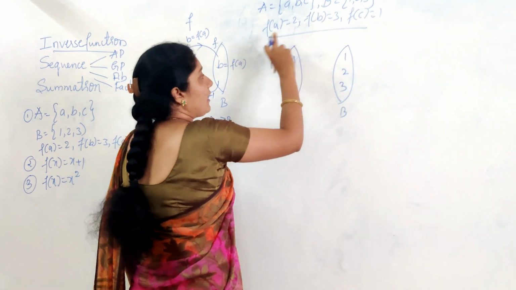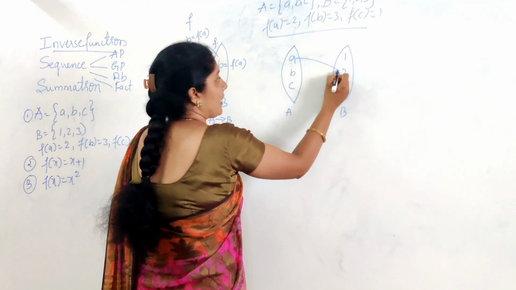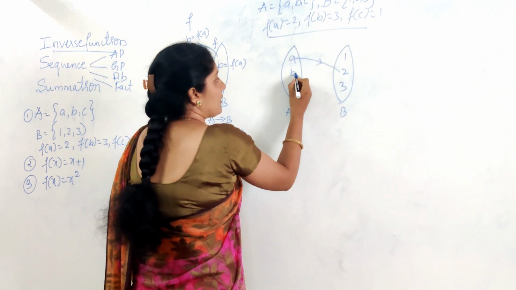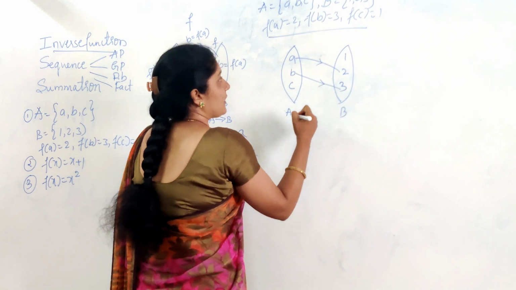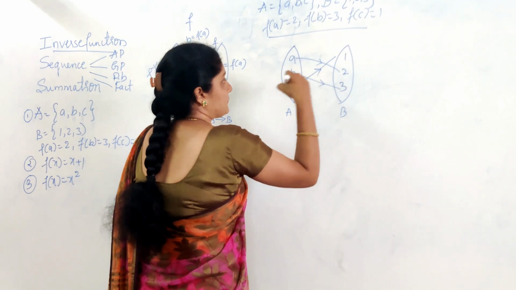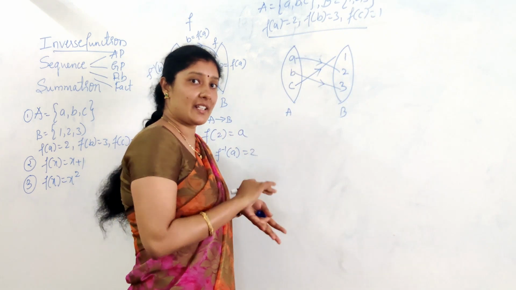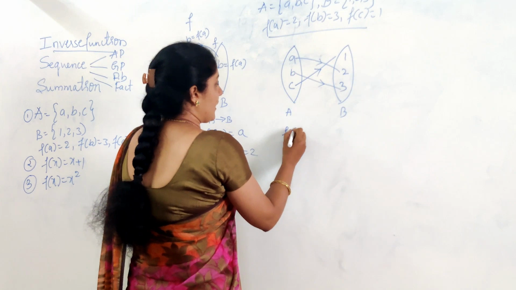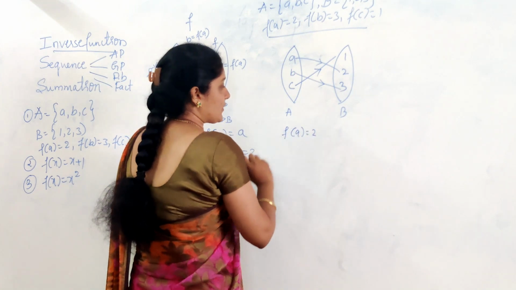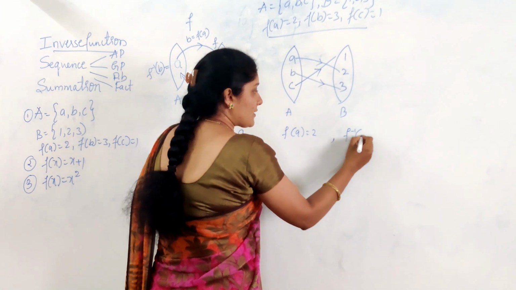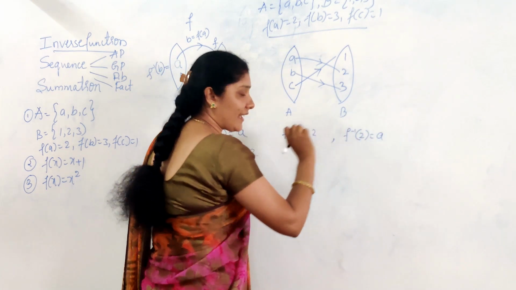See here. What is f of a? 2. So f of a is 2. Next, f of b is 3. Next, f of c is 1. Now, what is the reverse? When f of a is 2, then its reverse will be f inverse of 2 is a.